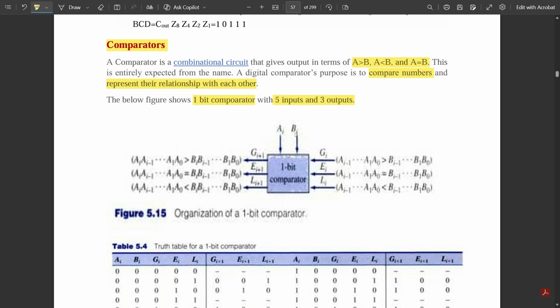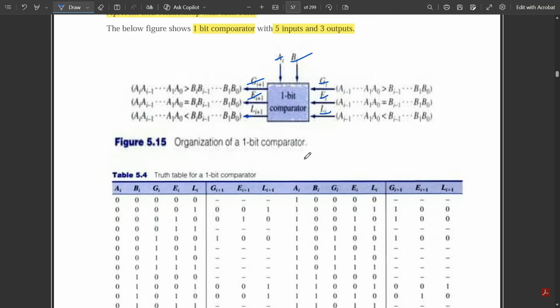So the 5 inputs are like this: A i, B i, G i, E i, L i. These are the 5 inputs given to this comparator, and the outputs are G of i plus 1, E of i plus 1, and L of i plus 1. Okay, so these are the outputs generated, and those are also called next stage outputs. So these are the inputs and outputs for a 1-bit comparator block diagram.